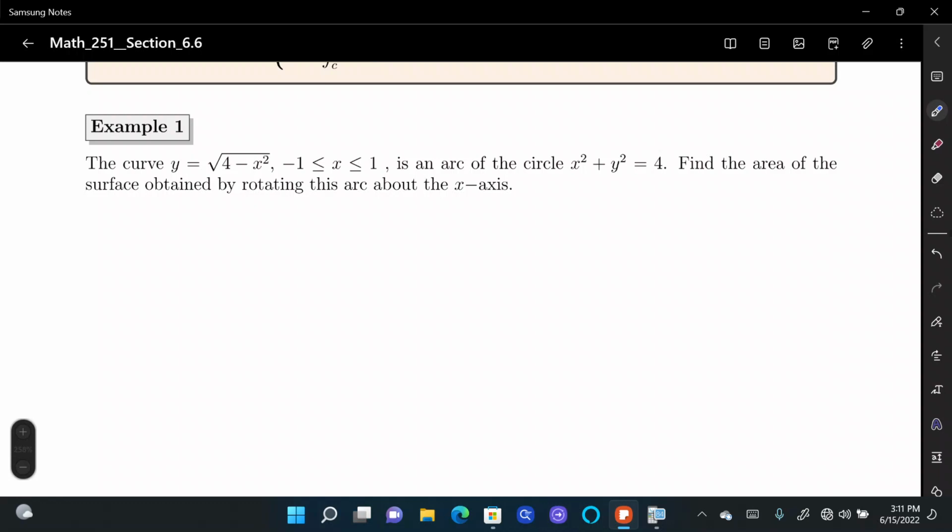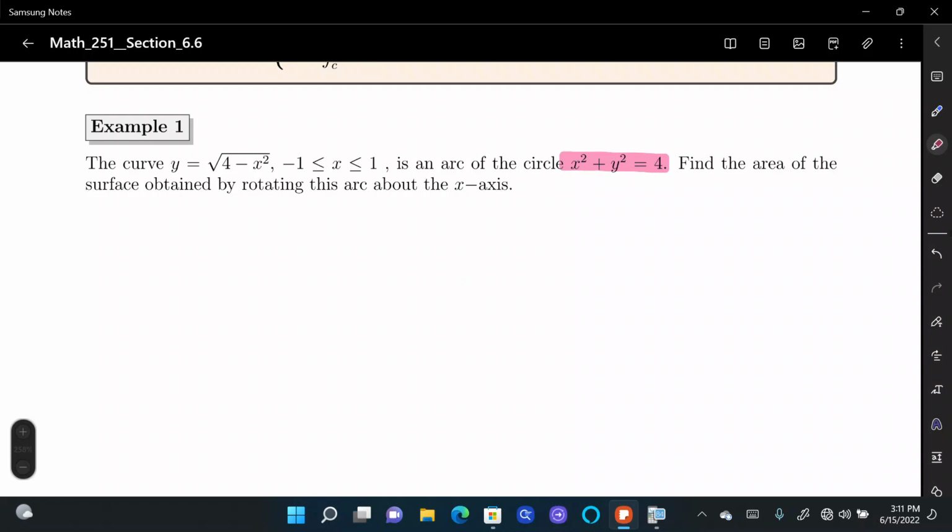So number one, let's see. x squared plus y squared equals 4. Whenever you see this equation, what does that represent? A circle. What else? Let's get more details about this circle. It has a radius of 2, and it's centered at the origin.